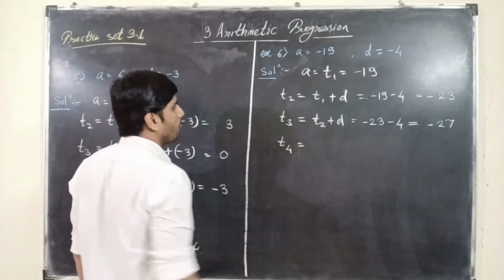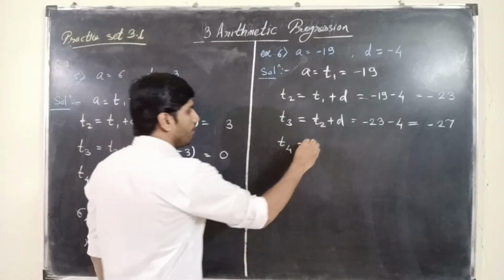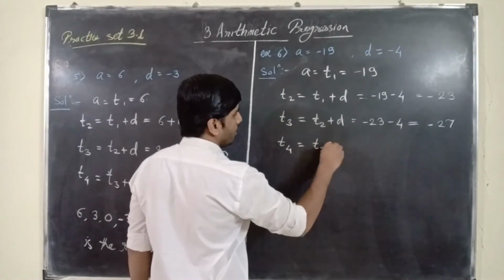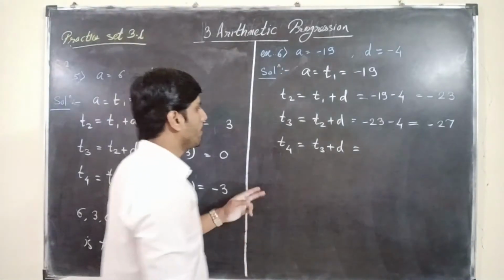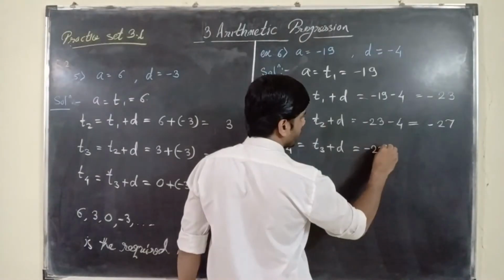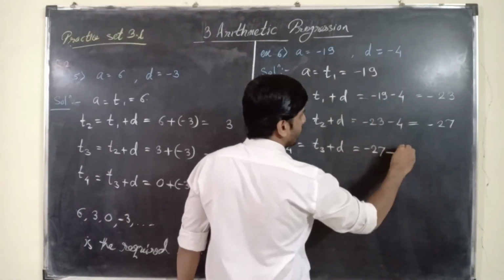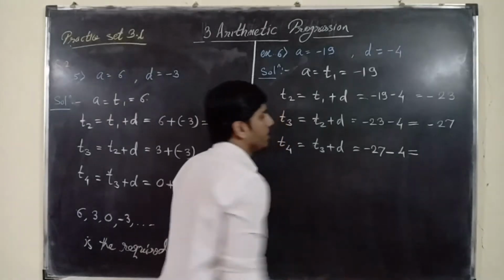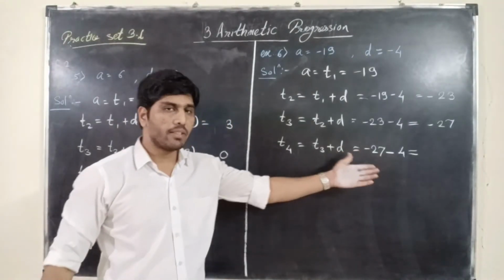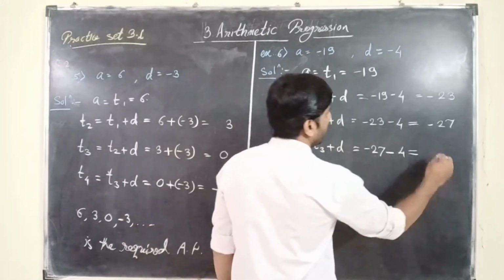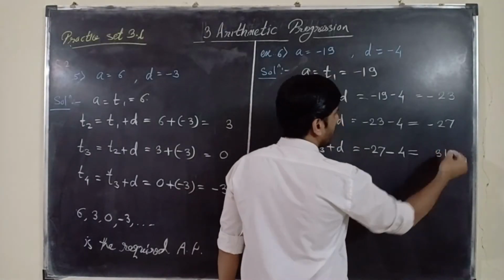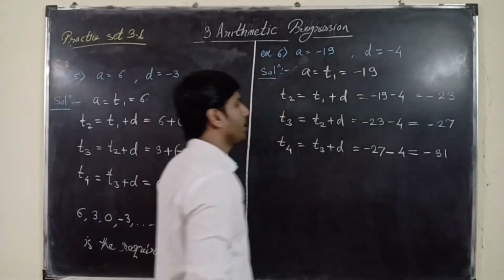Now we will find T4. Again we will add T3 and common difference D, and here we will get negative 27 minus 4, which is equal to, again we have same sign, so addition will take place, and addition of 27 and 4 is 31 and greater number sign, that is negative 31.